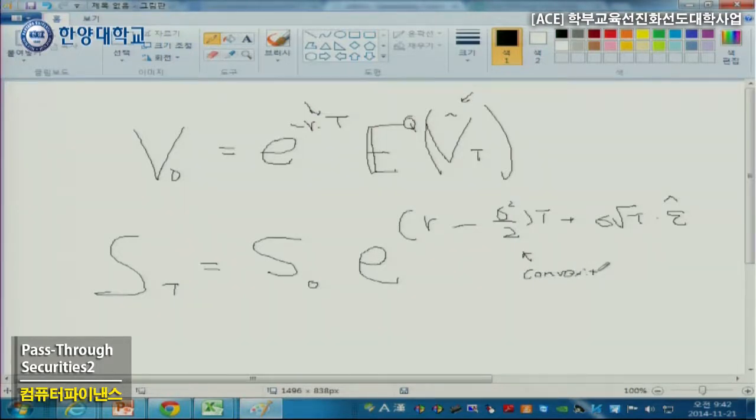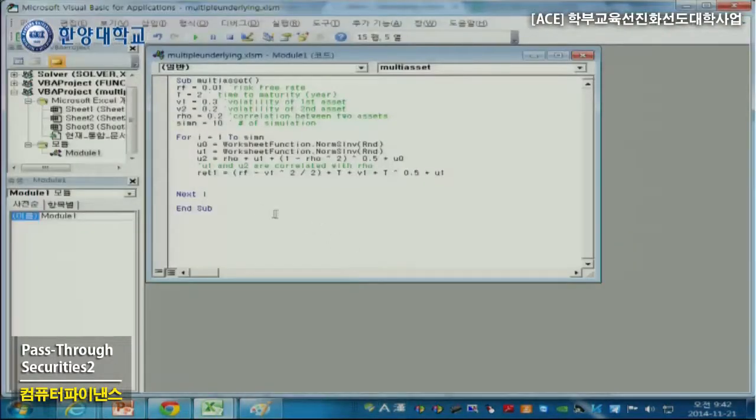Right? Now I'm writing this part, right? And for second return, I can just use U2 and V2, second return. Okay?